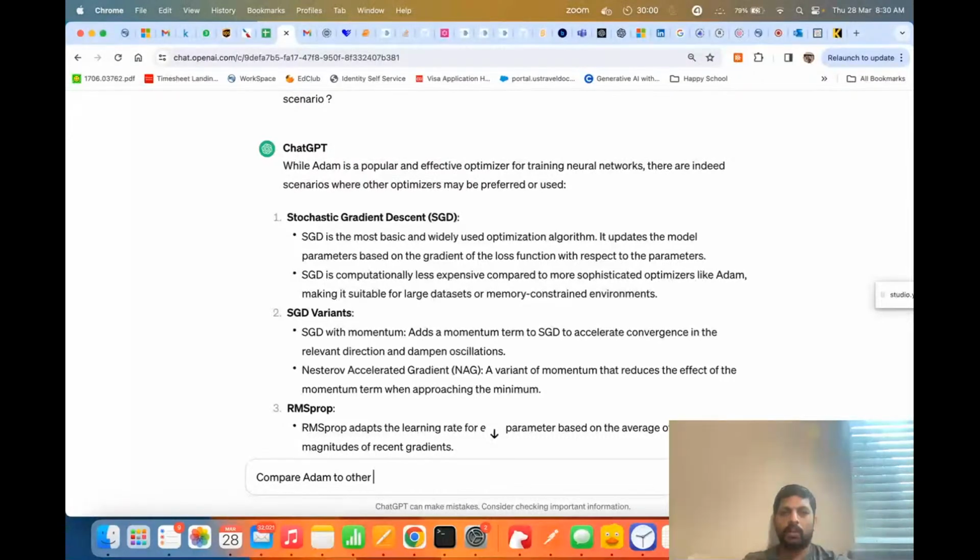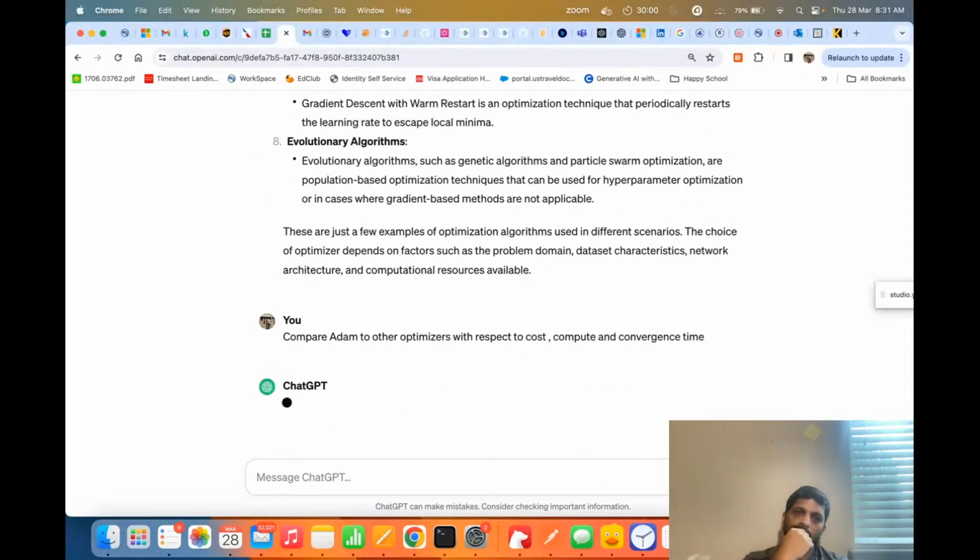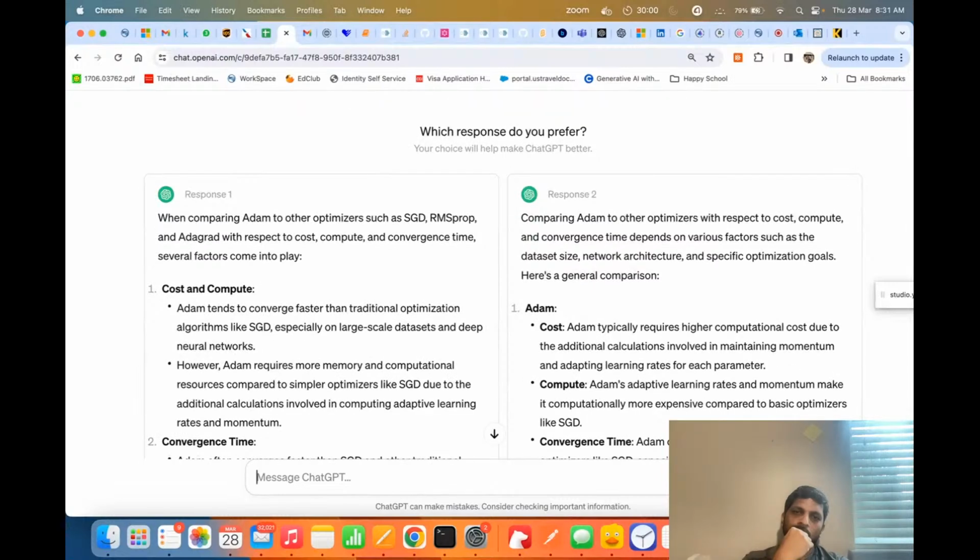Compare Adam to other optimizers with respect to cost, compute, and convergence time, in tabular format between GD, SGD, MBGD, Adam, Adagrad, Adadelta.